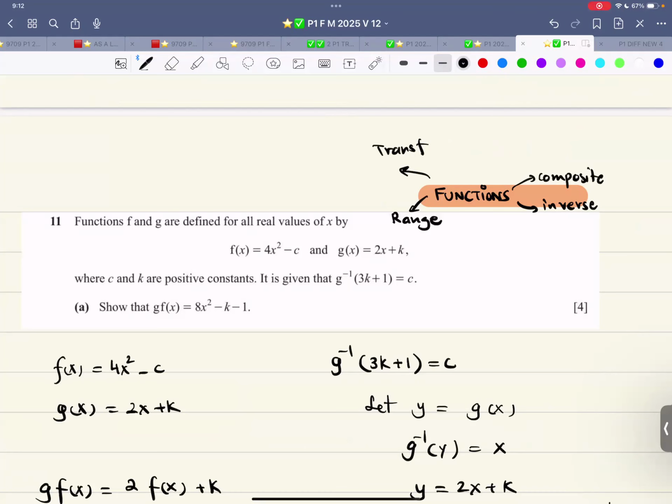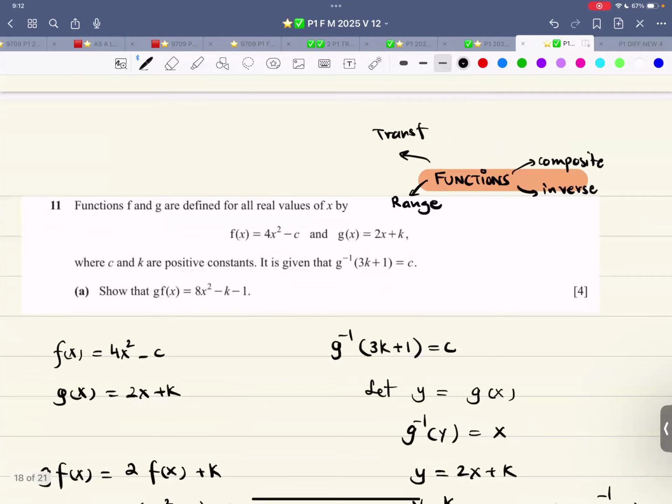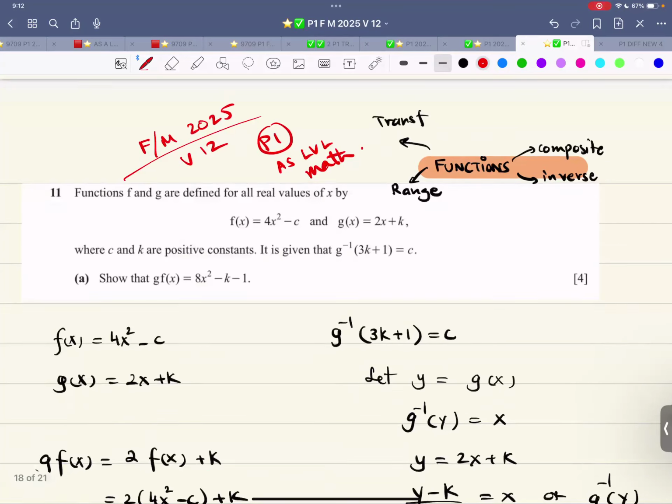So there are 4 things on functions that they have asked. So which paper is this? This is February, March, 2025, variant 1-2. This is P1 AS level math. And I'll be uploading the recording very soon.